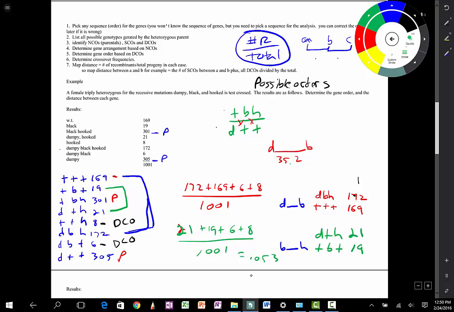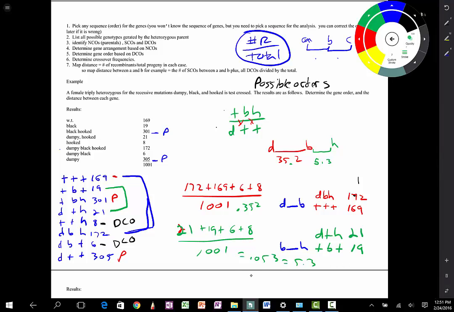And this was 0.352. And so this is 5.3%. So the distance between B and C, or B and hooked, is 0.53. So that's the map between those guys.